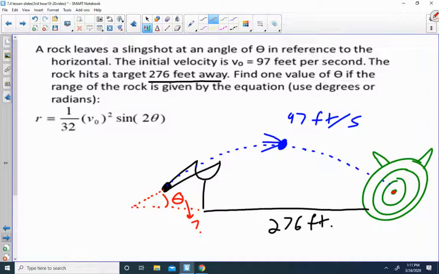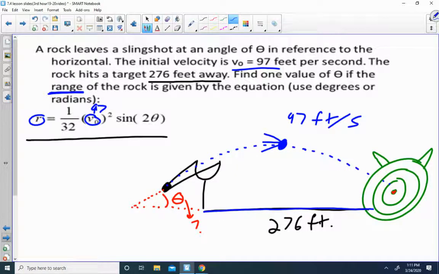That's 276 feet away. And they are telling us that the formula that we'll need to use is right here. And if you notice, we got v sub 0 right here, and that's where our velocity is going to go, 97 feet per second. And over here they have an r. Just so you know, r does not mean radius. They're telling us that the r is actually the range of the rock, or in other words, how far we need to reach for our target.